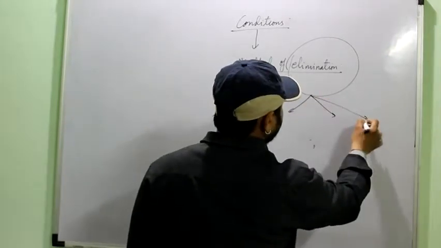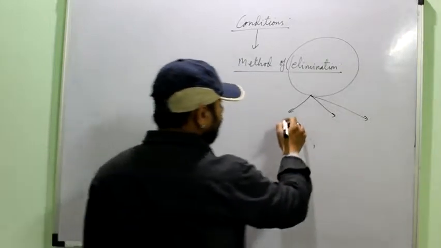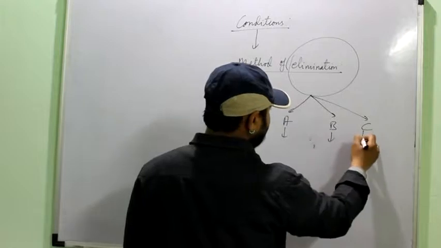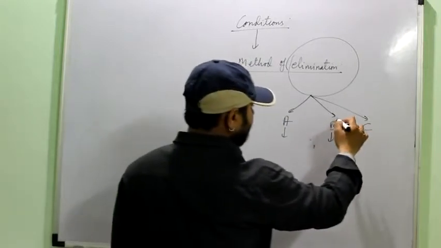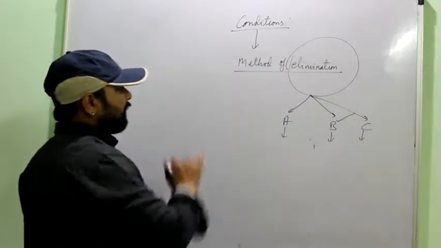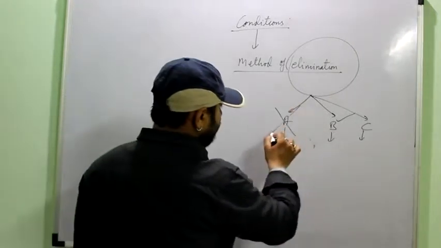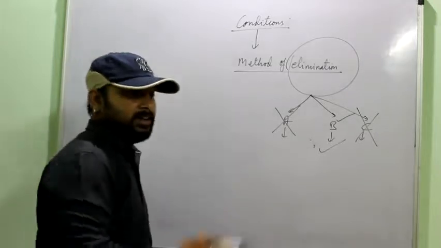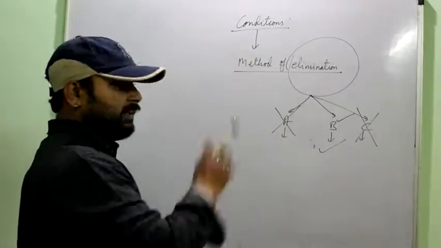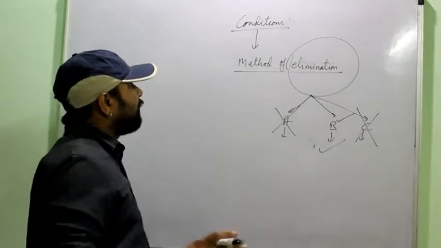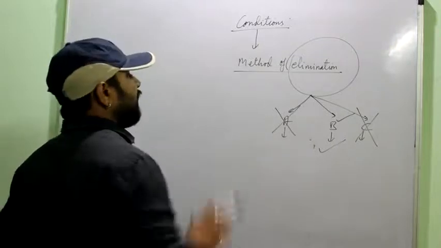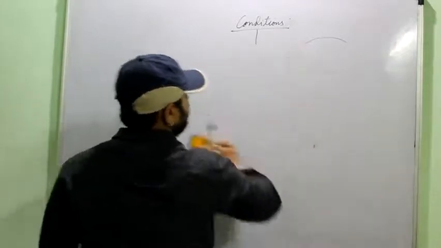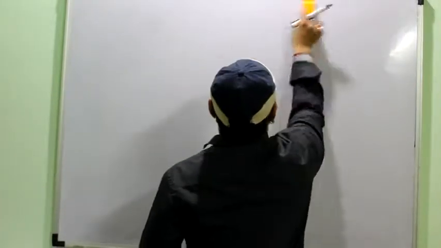So suppose I have three options, say three conditions, and I have to prove that this condition is correct. Method of elimination simply means that you prove that this is wrong and this is wrong. So obviously this is correct, right? This method is used for explaining all the conditions in economics, whether it is consumer equilibrium or producer equilibrium, or any other condition. So very important method.